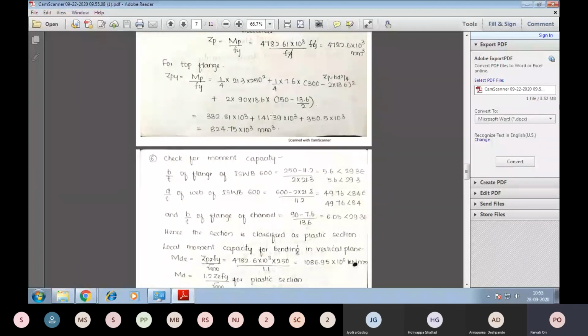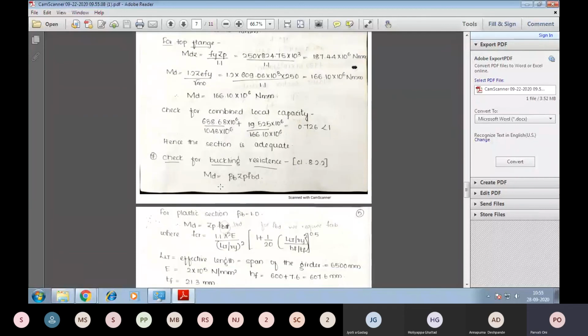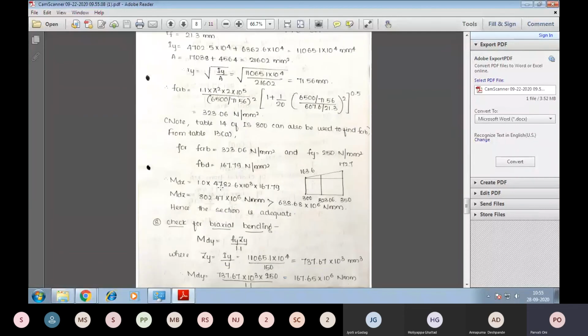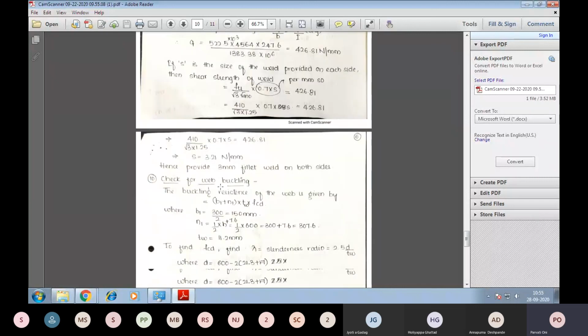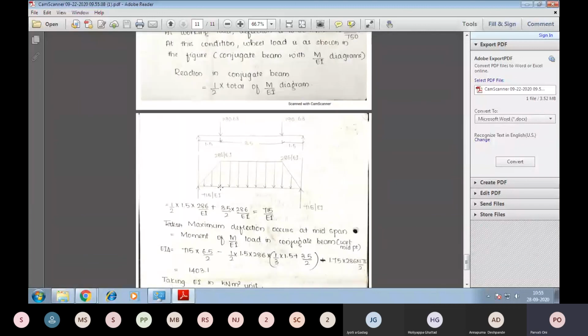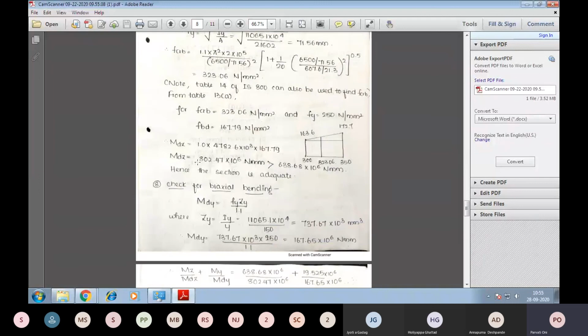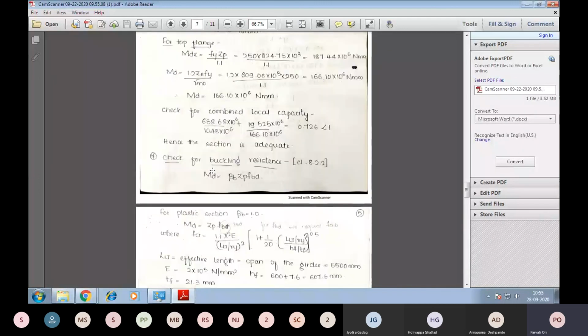Once we finish calculating all the required parameters, the next step is we'll go into checking of the section, whether the section is safe or not, against the check for moment capacity, and then we are going to check against the buckling resistance, right? And also we will be checking the biaxial bending, shear capacity, okay, and then check for web buckling, and then check for deflection. So you have to be getting the right answers of all the section parameters.